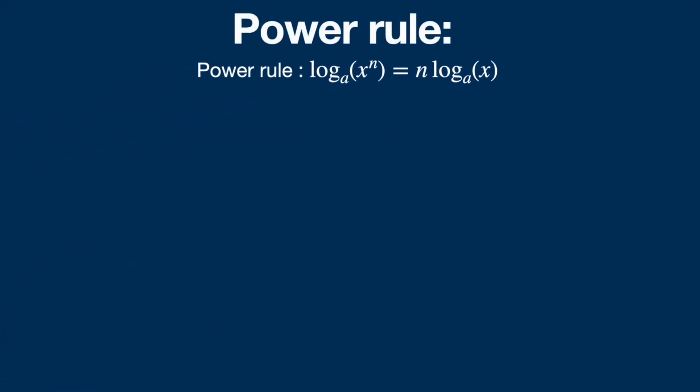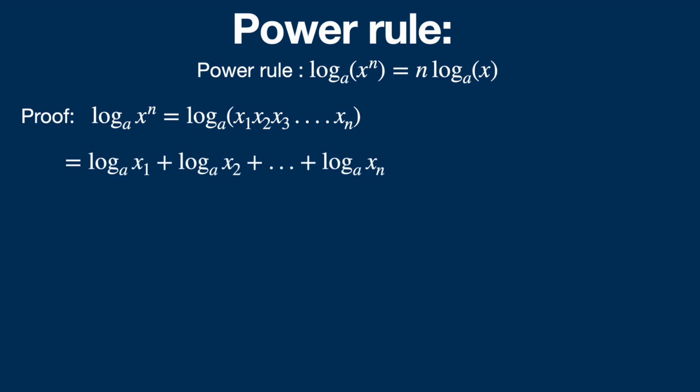Now, we prove the power rule. For the proof of the power rule, we write the log of x to the power of n in base a. x to the power of n is going to be repeatedly multiplying x by itself, n amount of times, and can be written as such. We already proved the multiplication rule, so we can see that if we multiply any of these values together, it's the same as taking the log of them individually in base a and adding them together.